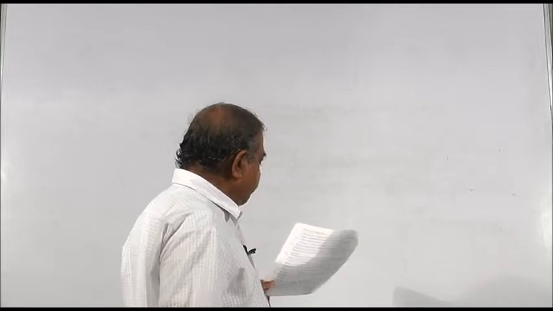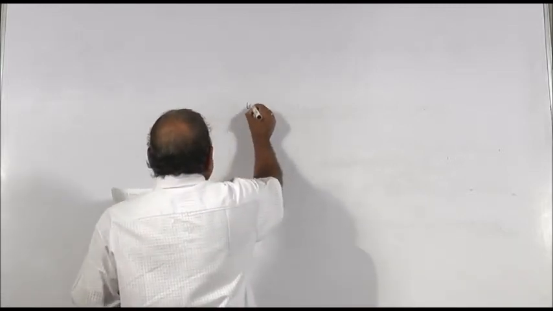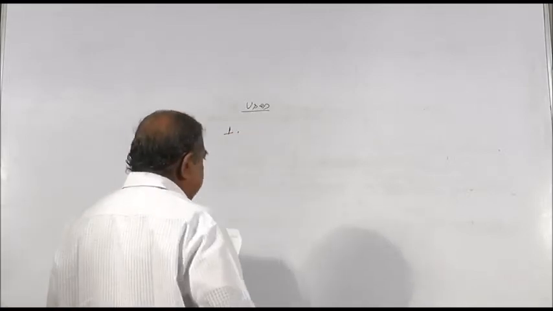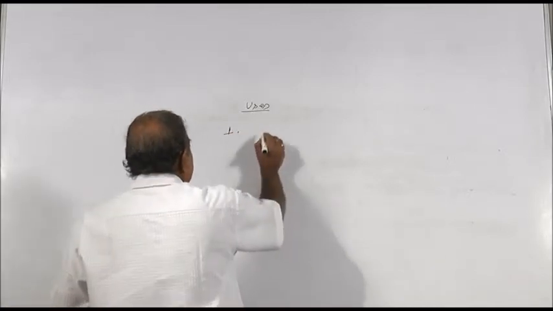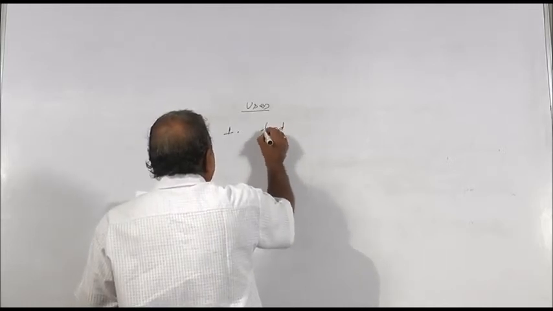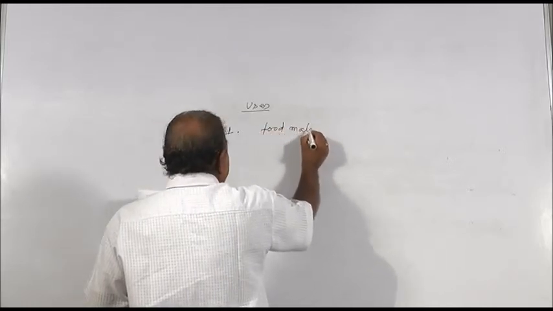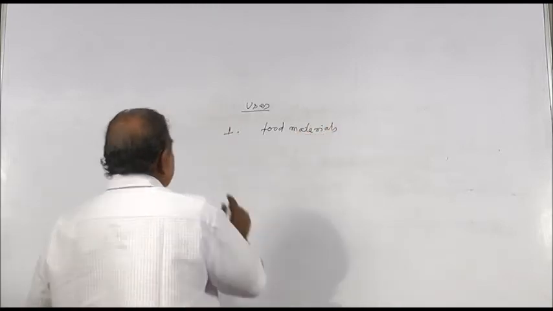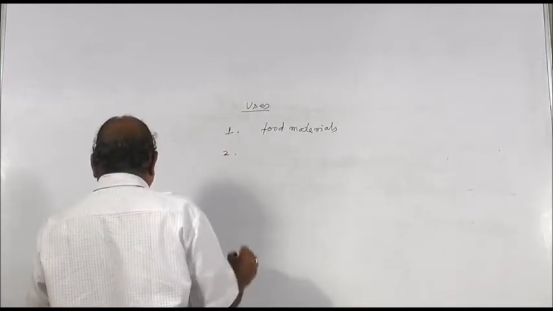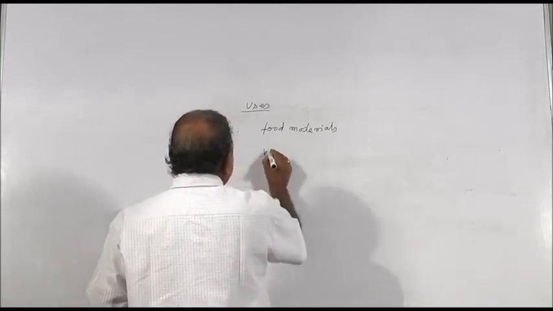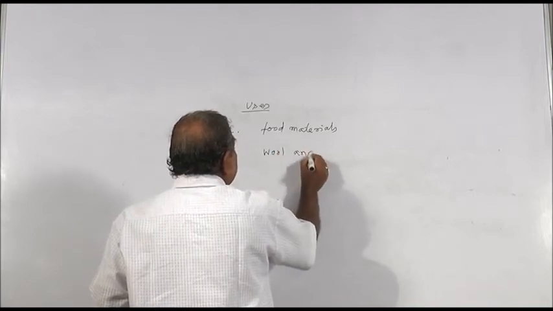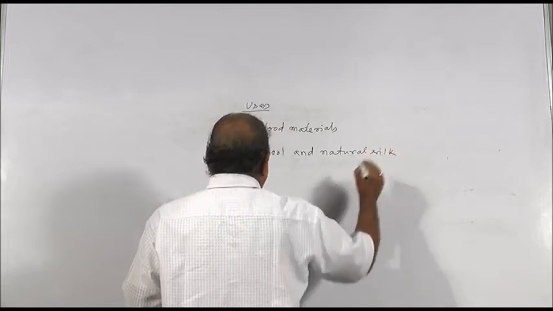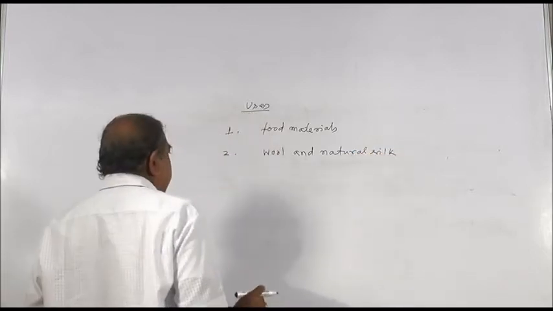Now number one, so far the uses of protein are concerned. Protein constitutes one of the important food materials for animal life. Second, your wool and natural silk, which are used for fabrics, are protein in nature.